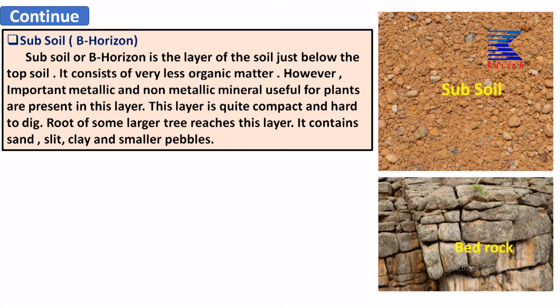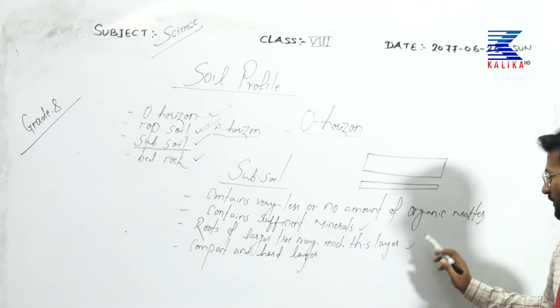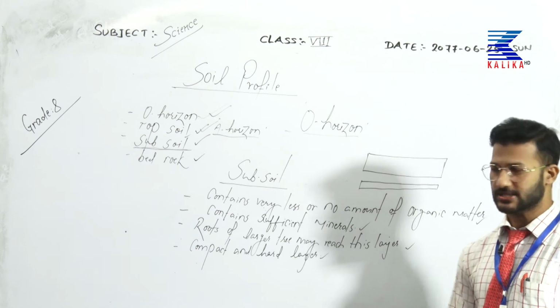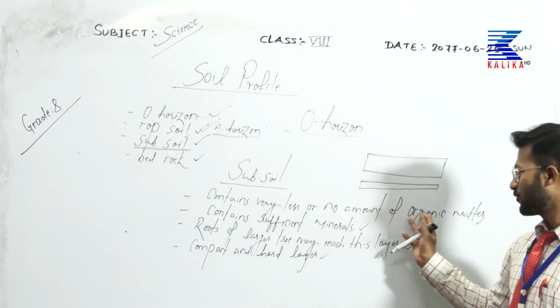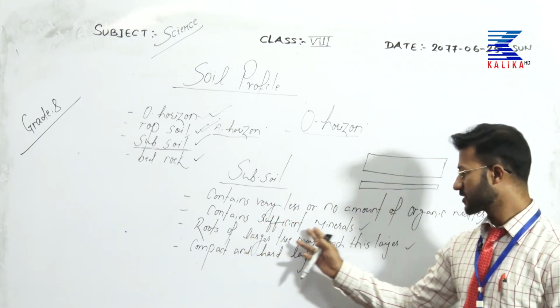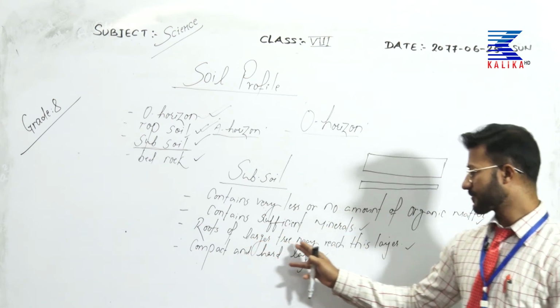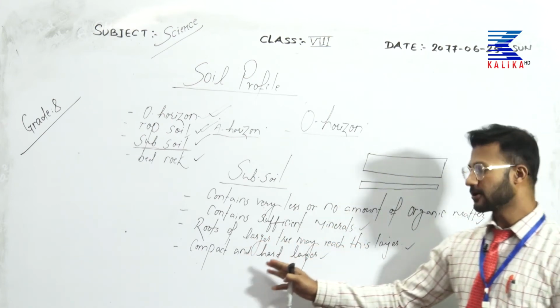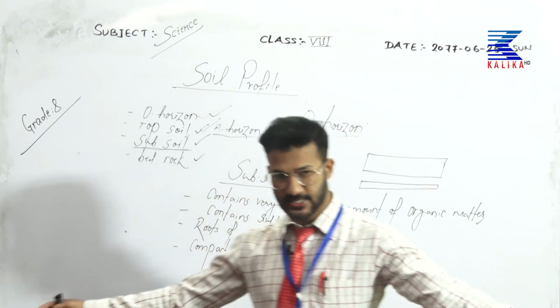Okay. The next, here you can see again, once look at the board, these are the points to be focused. Contains very less or no amount of organic matter, contains sufficient minerals, roots of larger trees may reach this layer, compact and hard layer is what subsoil is.